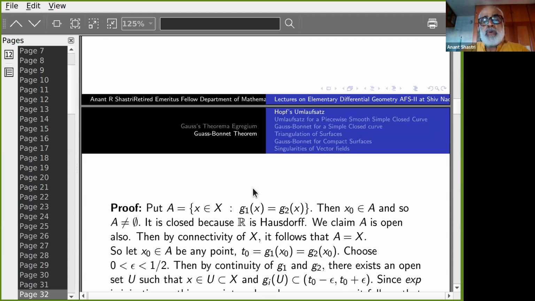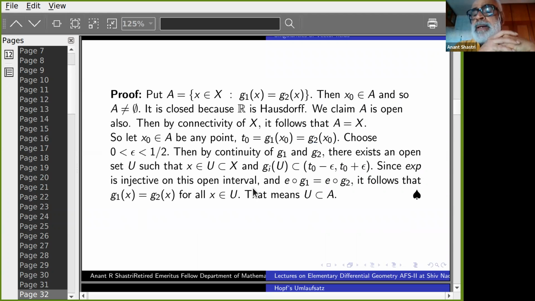So how do I do this? This is a standard method in topology, used everywhere several times in topology. Connectivity is used to obtain certain local properties: you start with some local property and then show that it is actually global, valid on the whole of the space.